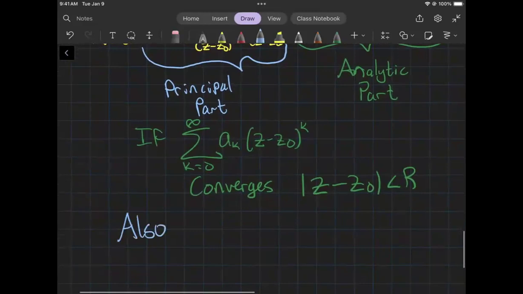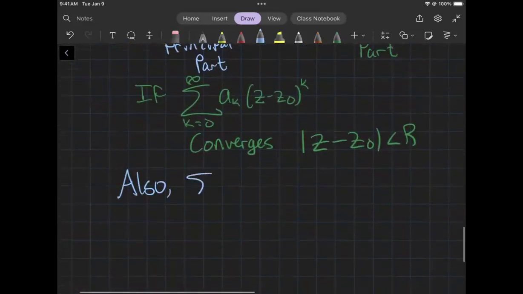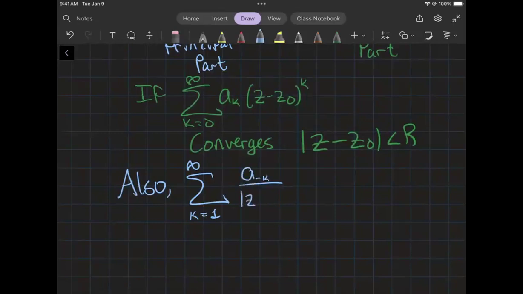Also, we're going to have the same type of situation when we're dealing with the principal portion of the Laurent series. So this is a_{-k} over (z - z naught) to the k power.